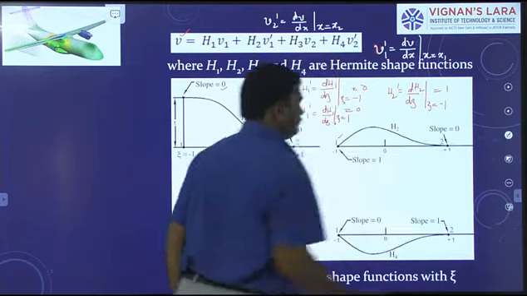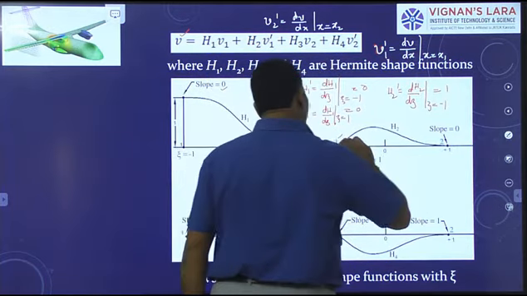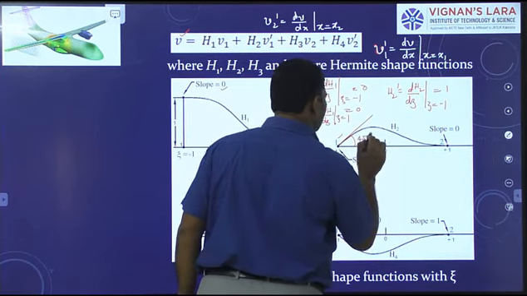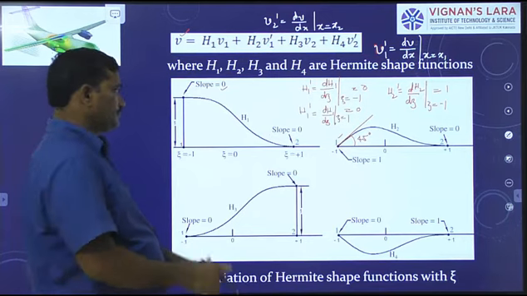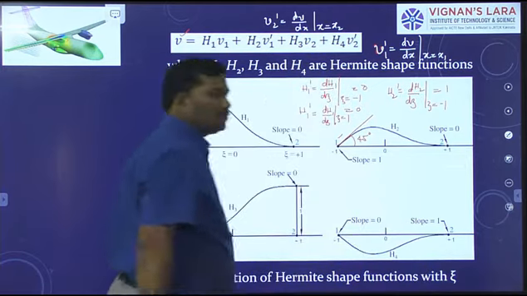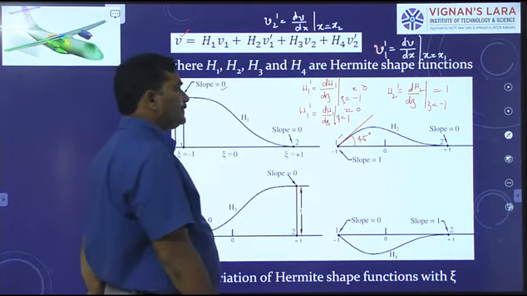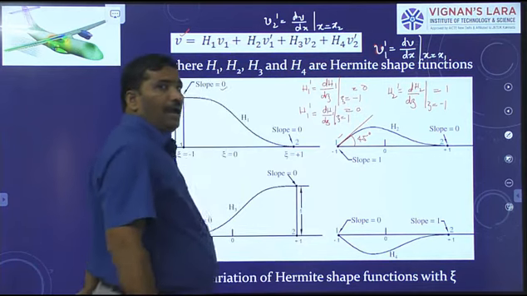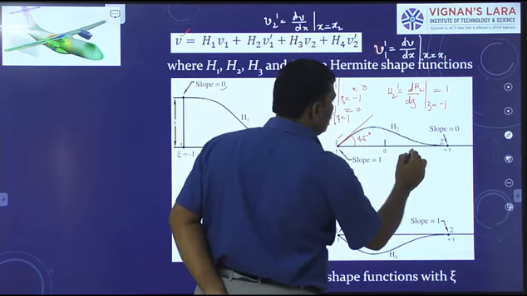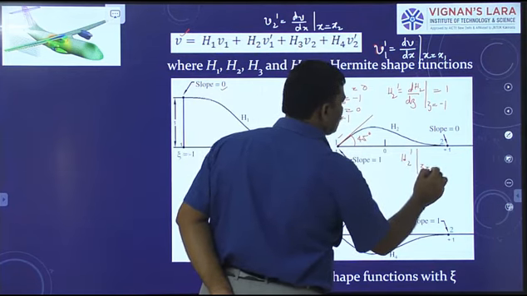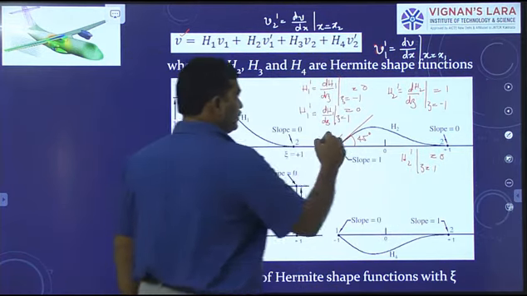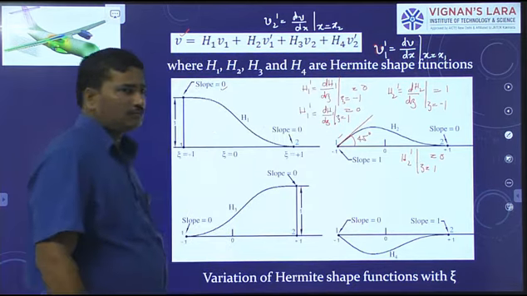Slope is unity. That means, if you draw a tangent to this curve at node 1, it makes 45 degrees with horizontal. That is what helps to understand. Okay. Next, H2 at j equal to plus 1. If you determine, right, you get 0. And slope is also 0. H2 dash at j equal to plus 1 equals 0. Right? Therefore, you get a curve like this.